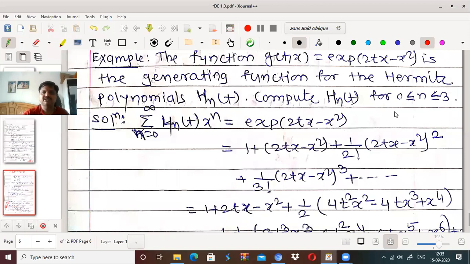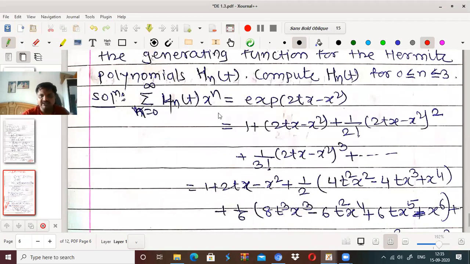That is, we want to obtain h0 of t, h1 of t, h2 of t and h3 of t. Now summation, we are given this one, summation k from 0 to infinity hn of t into x to the power n. If it is n, it should be n. If it is k, it should be k. So I will take n here in place of k.